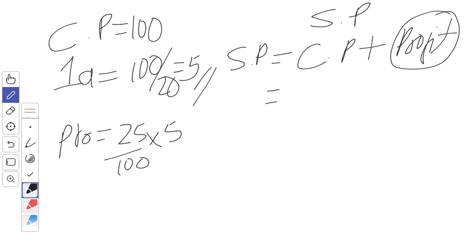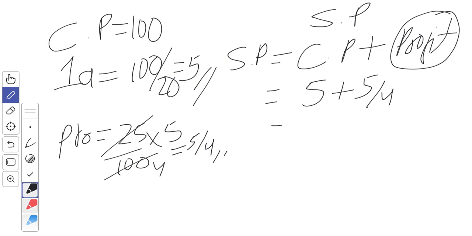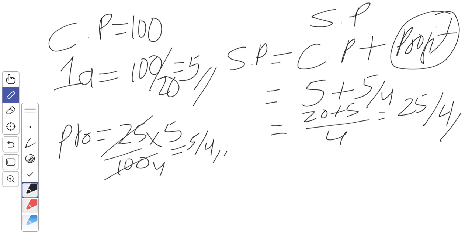The cost price is 5, so 25% of 5 will be 5 by 4. So this is the profit. Now selling price is equal to cost price, 5, plus the profit, 5 by 4, which is equal to 20 plus 5, that is 25 by 4. So this is the selling price.